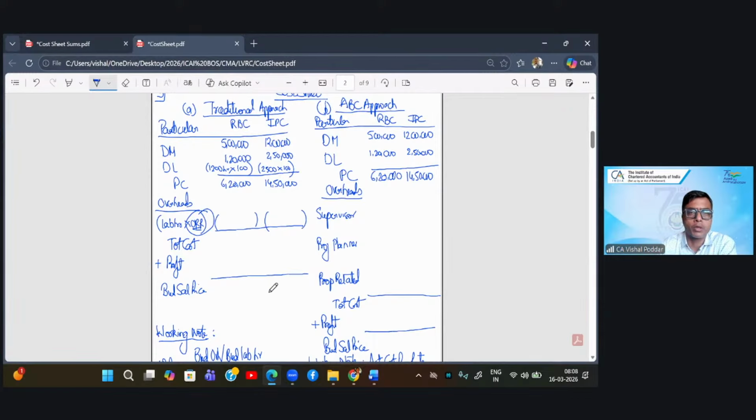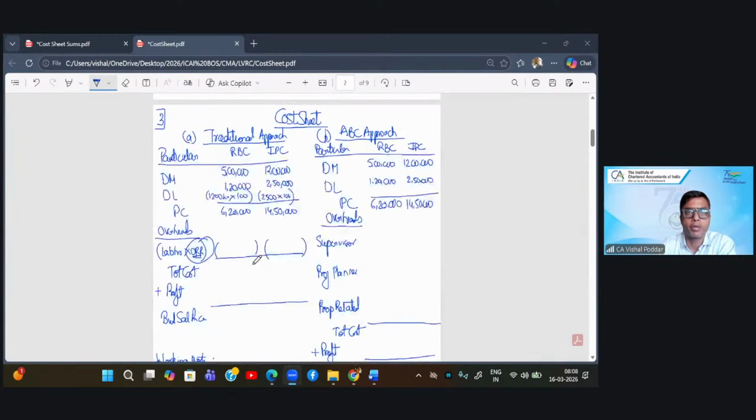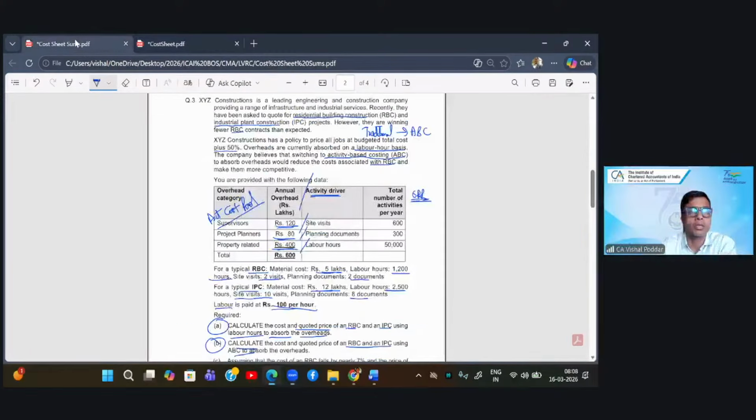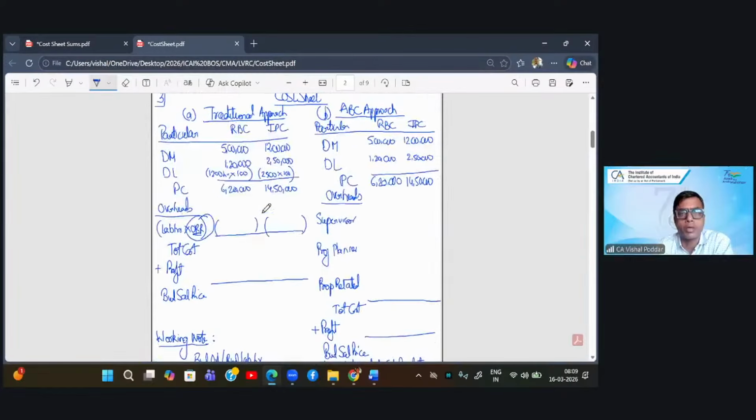How much is our ORR that we just computed? It is rupees 1200 per labor hour. Okay, and how many labor hours are there? So we already have it from the labor cost also. My charging rate is 1200 and the labor hours here are 1200.